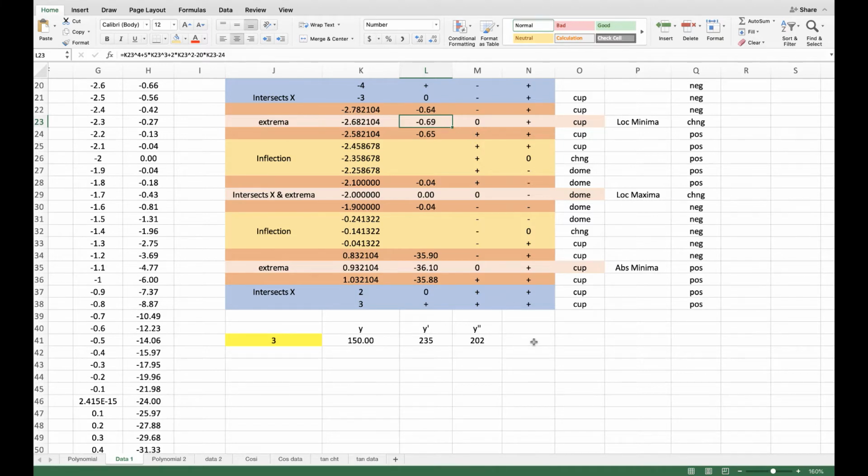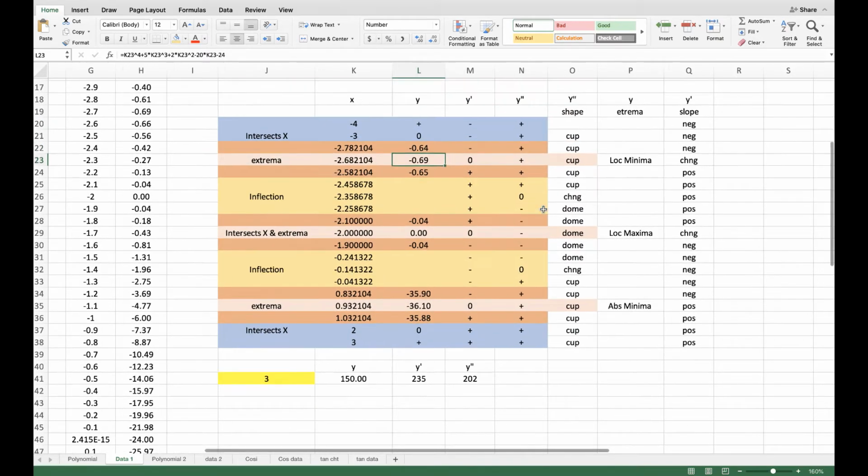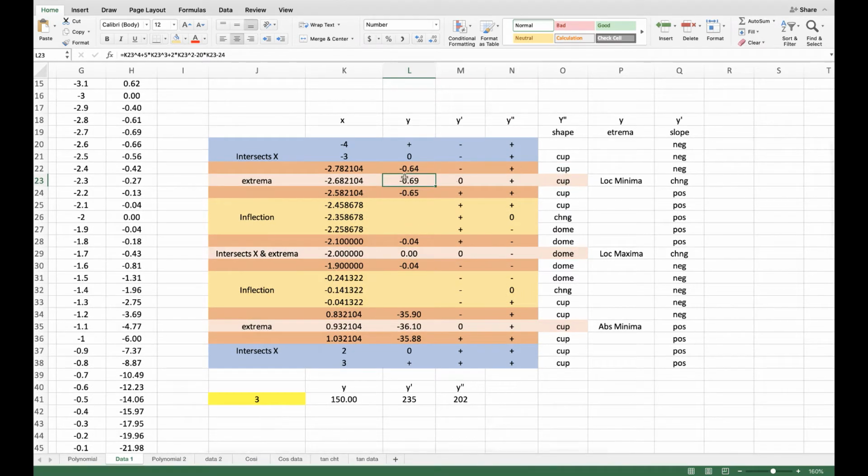Now, how do we know that these things are extrema, whether they're minimums or maximums? We look at the second derivative. Now, around where y is 0 at the extrema, we look at the sign of y double prime, and you can see they're positive.